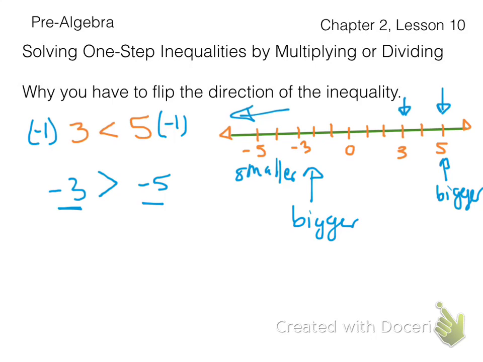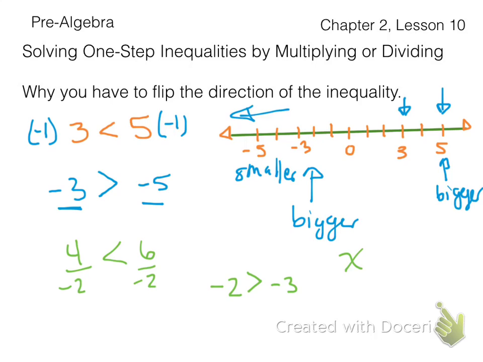So again, if I took 4 is less than 6, and divided both sides by negative 2, just to show you it works with numbers other than negative 1, negative 4 divided by negative 2 is 2, and negative 6 divided by negative 2 is 3. Negative 2 is bigger than negative 3 because it is on the right side. So it's bigger. Okay? And again, this works for variables as well.